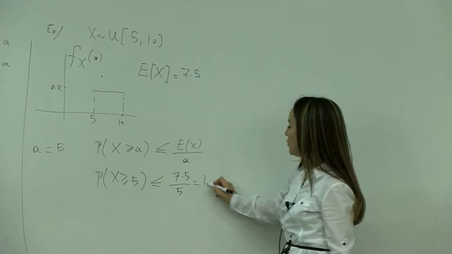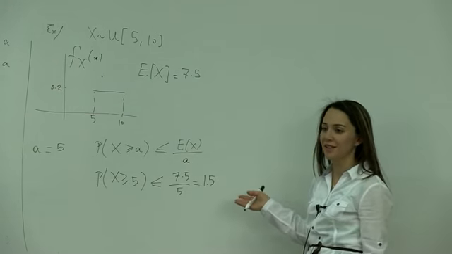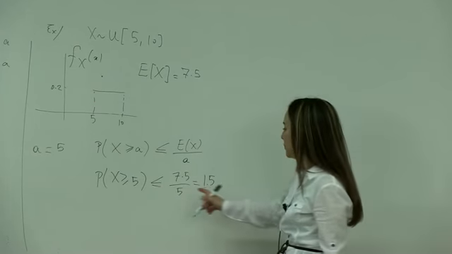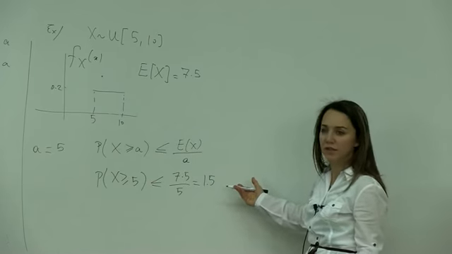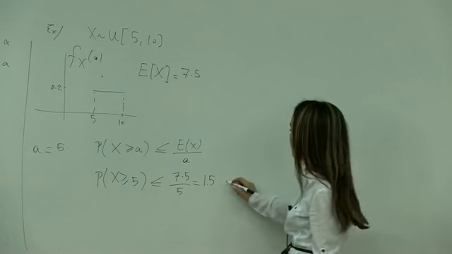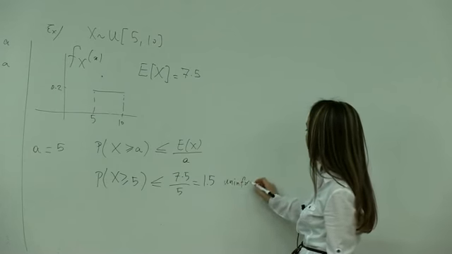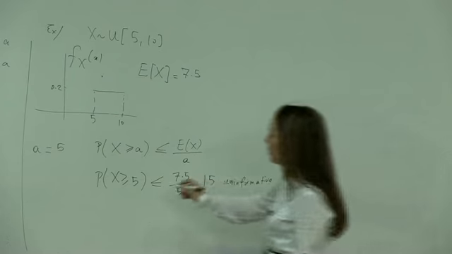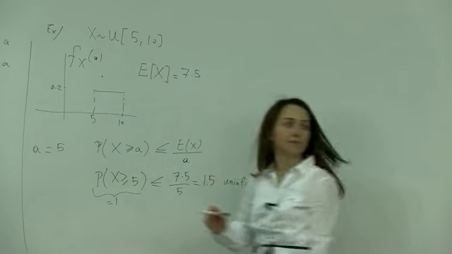What is this? 1.5. So what does this tell us? It tells us nothing. It just tells us, in this case, that the probability is less than or equal to 1.5. The bound isn't telling us anything that we don't already know. So this is uninformative for this value of a. We already know, by the way, this is equal to 1.